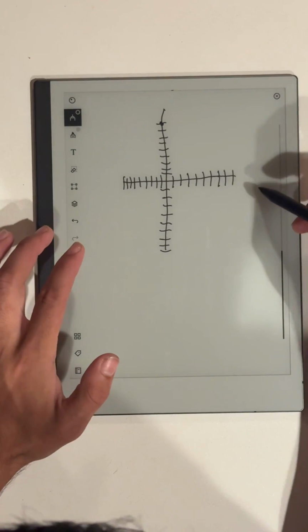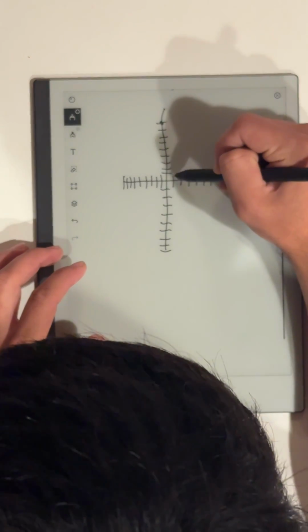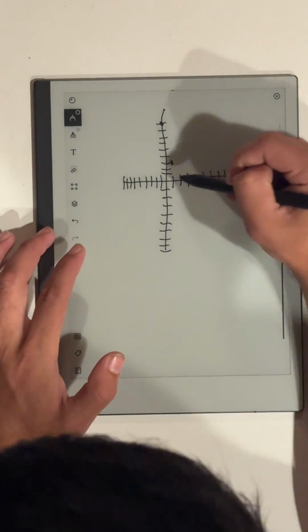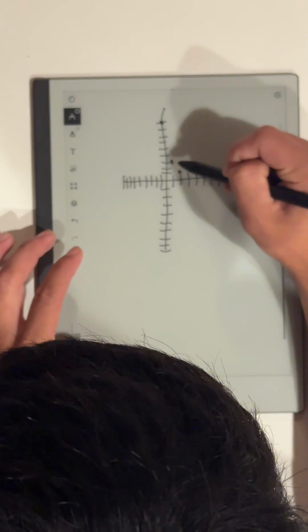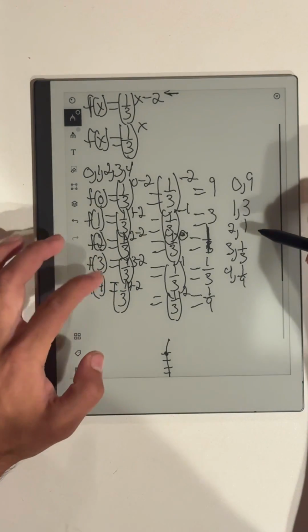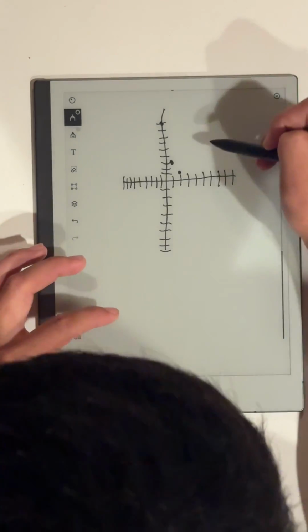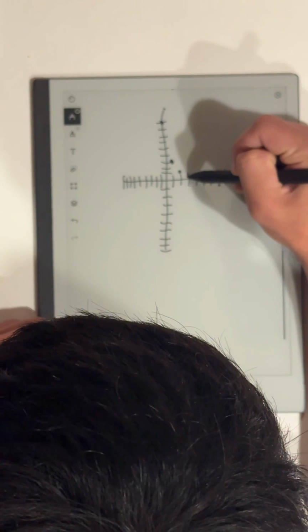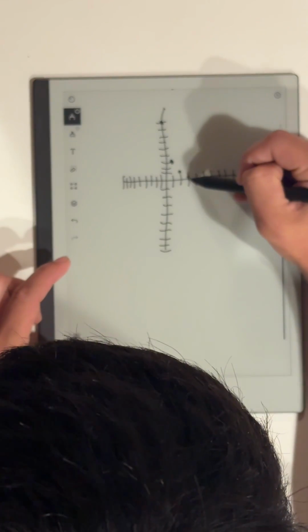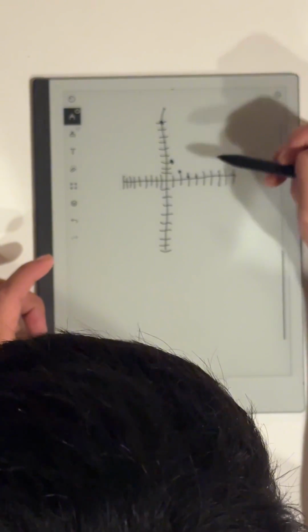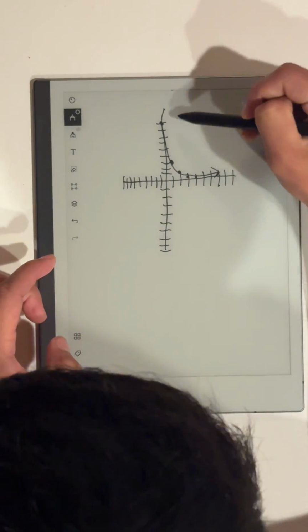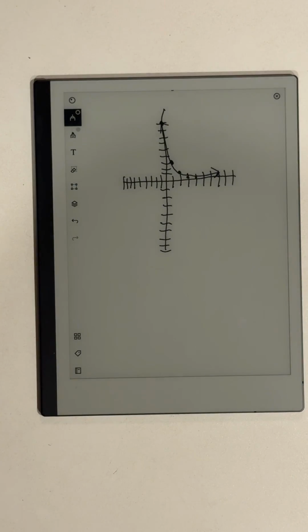And then our second point is going to be (1, 3). Our third point is going to be (2, 1). And then our next point is going to be (3, 1/3). And then our last point is going to be (4, 1/9). So this is going to be our new graph right here.